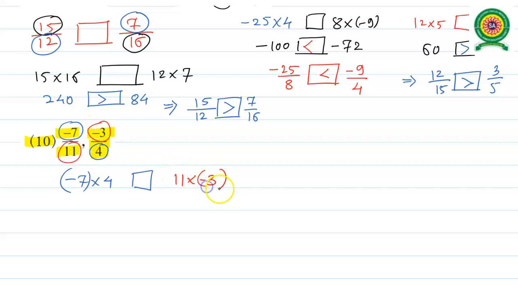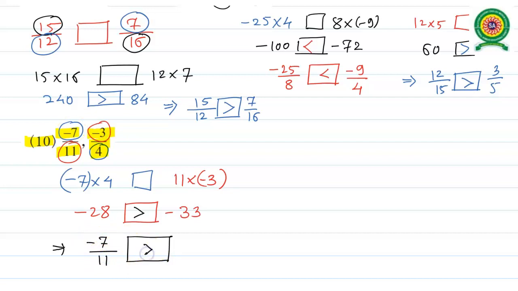So we get 7 fours are 28, plus minus, minus of 28, and 11 threes are 33, plus minus, minus of 33. Now we have to compare them. We know minus of 28 is greater than minus of 33. So that implies our result: the first rational, minus of 7 by 11, is greater than the second rational, minus of 3 by 4.